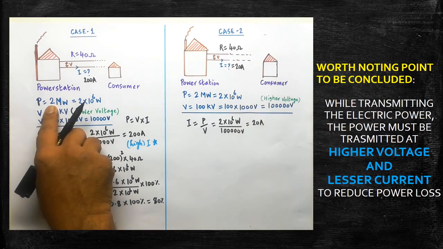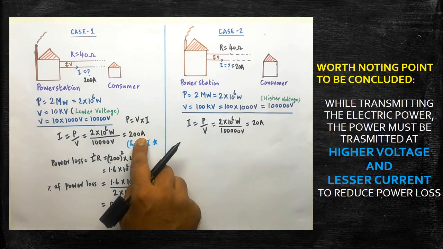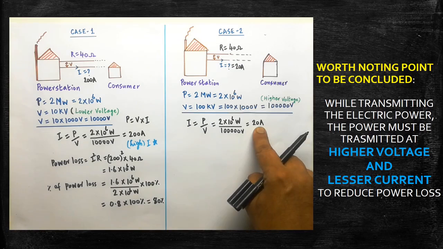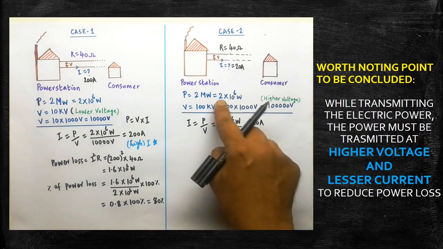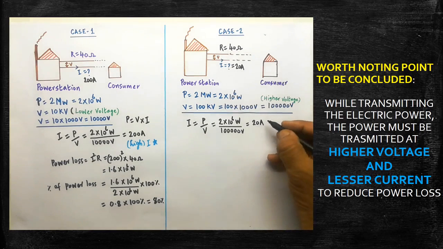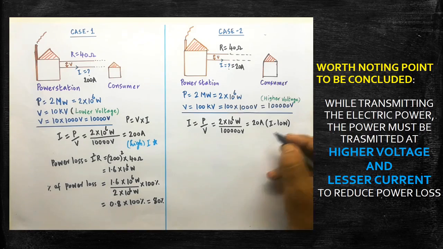Are you clear? 200 into 10,000 volt is equal to 2 megawatt. 20 ampere into 1 lakh volt is also equal to 2 megawatt. So the power value is not altered. Slightly we are making some changes in both voltage as well as current. Now the current value you have obtained becomes low. Understand? The current value is reduced.